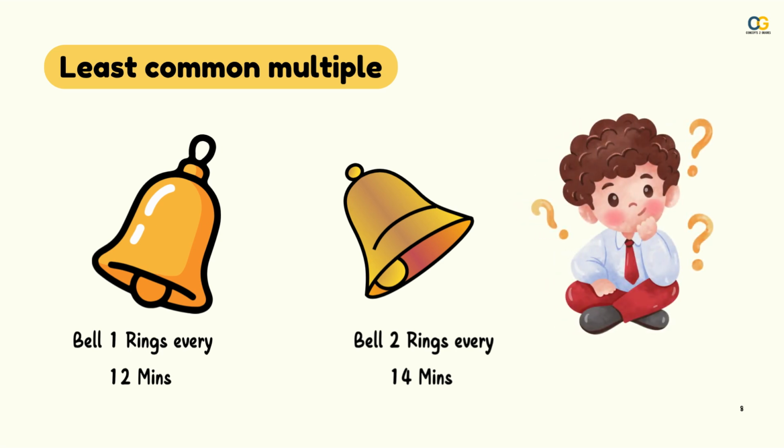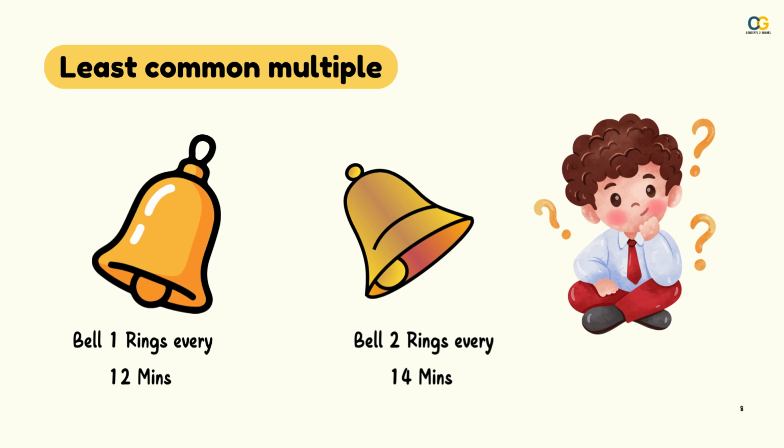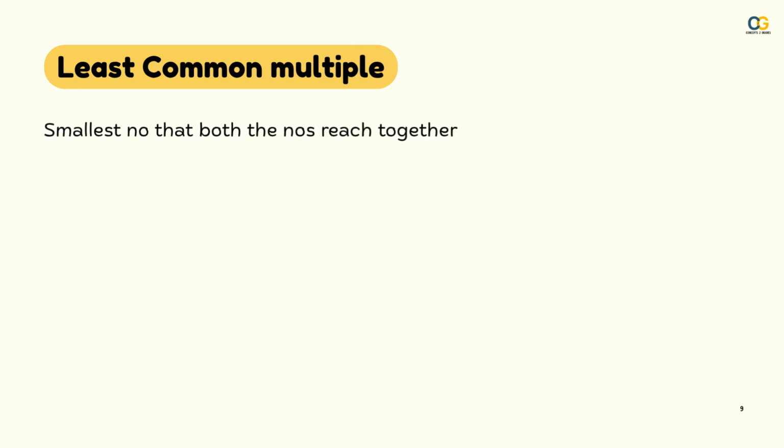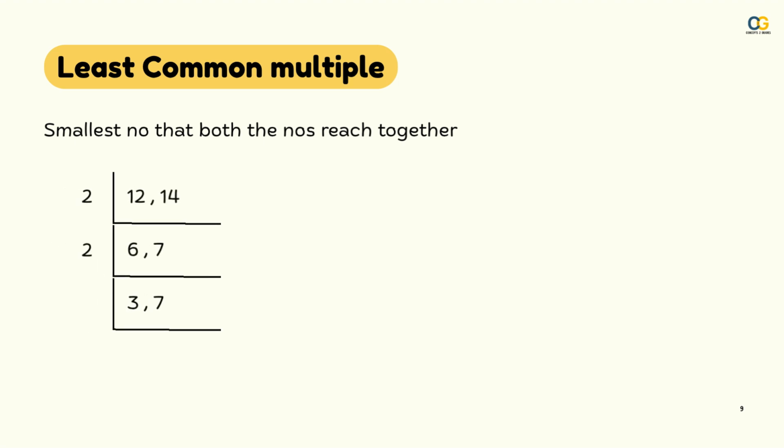So when you want things to occur simultaneously, that is when you use least common multiple. Least common multiple is also the smallest number that both numbers can reach together. So when you simultaneously divide both the numbers 12 and 14 with 2 first giving 6 and 7, then with 2 again to give 3 and 7 until you reach all prime numbers or ones and multiply all of them, then you get the LCM of the number.